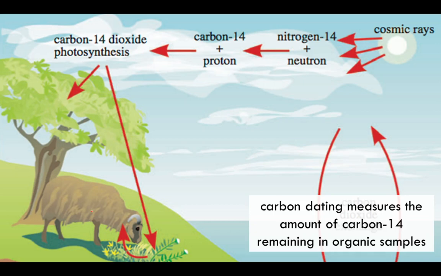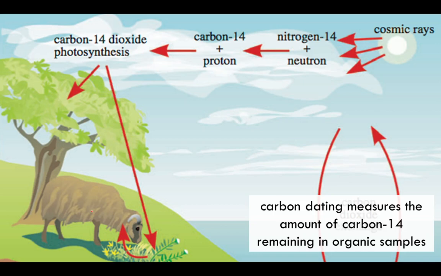But when they stop eating, when they die, the amount of carbon-14 does not get increased anymore, and it starts to decay, starts to decrease. So carbon-14 allows you to determine the age of an organism since it died. It can't tell you how long it lived. It can only tell you how long it's been since it stopped eating, since it stopped picking up carbon-14.